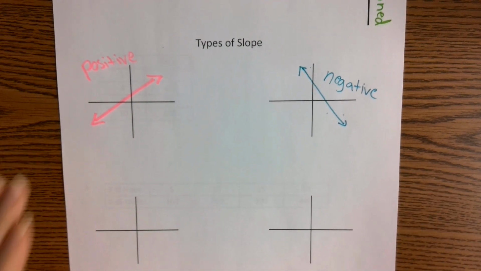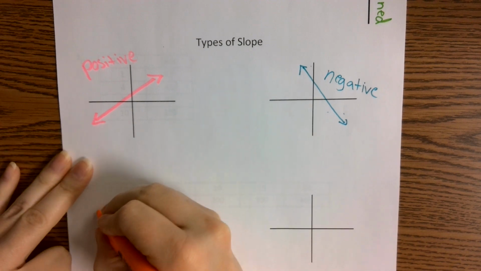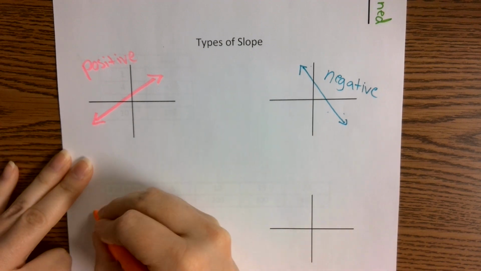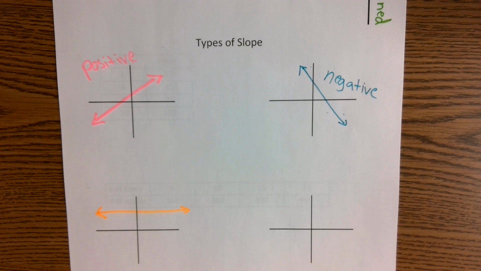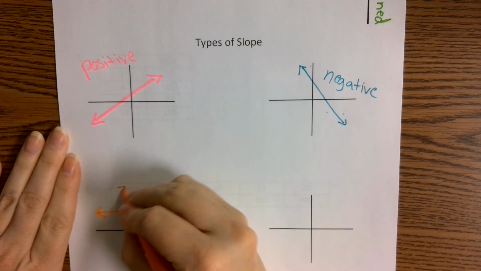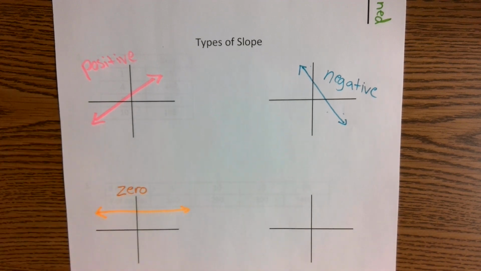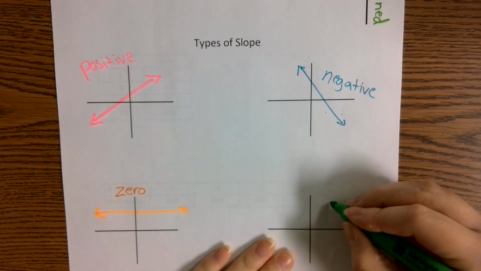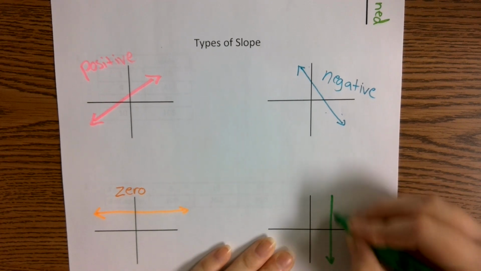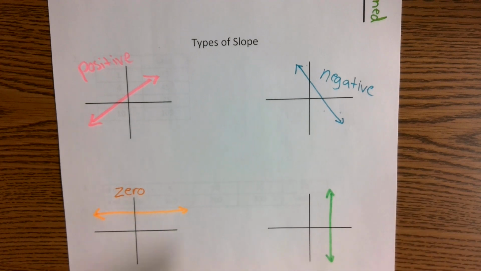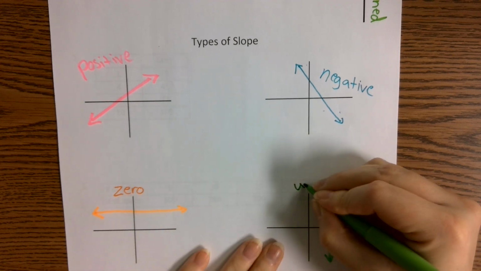A 0 slope, again, it's just a flat horizontal line. 0 slope. And then our undefined is a vertical line, a straight drop. That's called undefined.